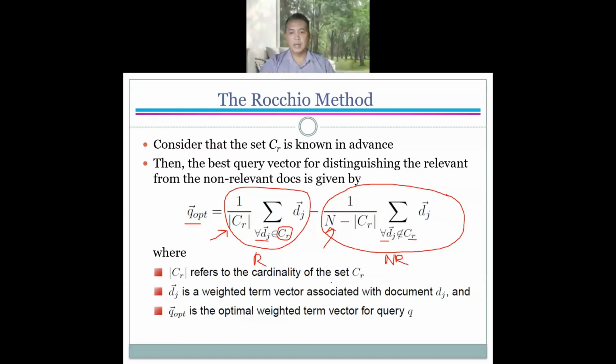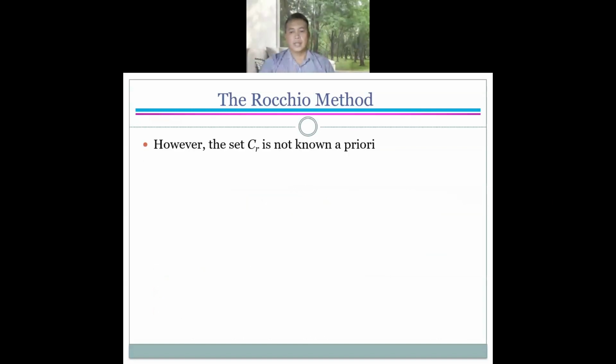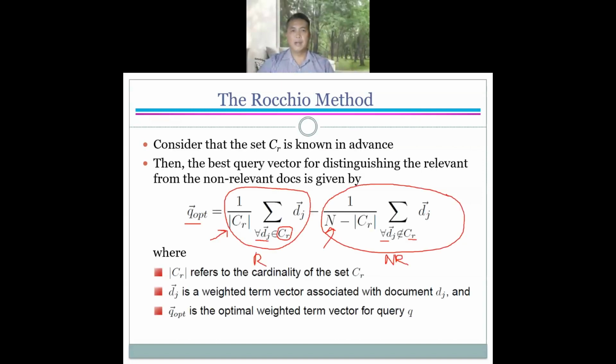Let me expand this one more step, because this one is just the ideal situation. So we have to look at the query that we have. Okay, so let's take a look at the query that we have. Okay, this is the best scenario.